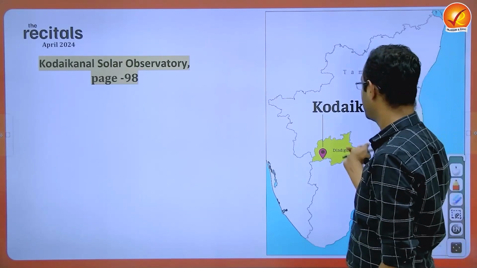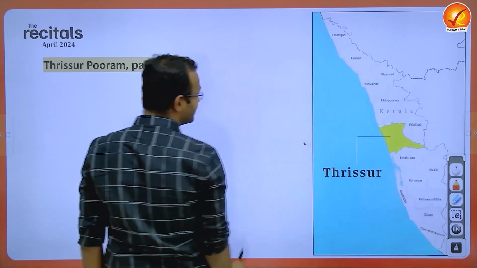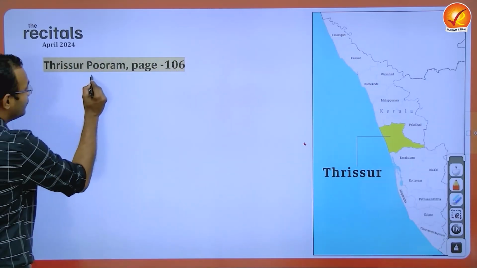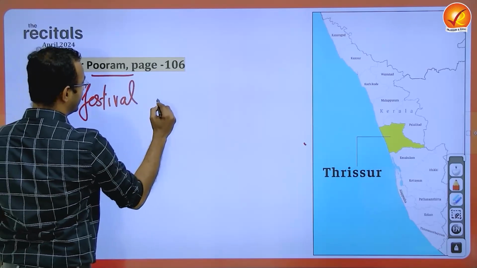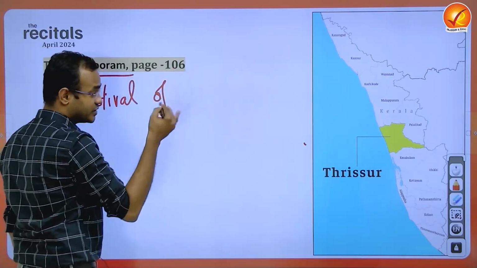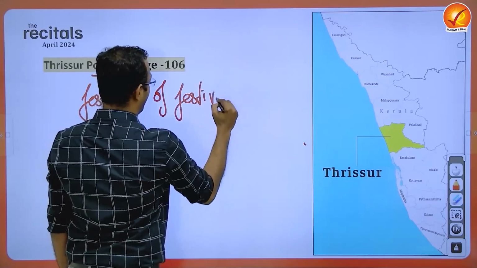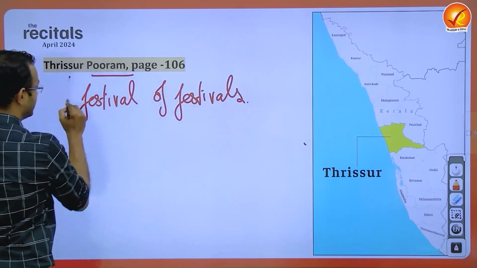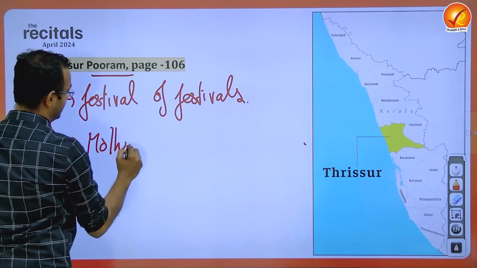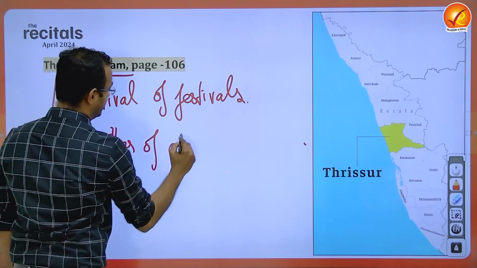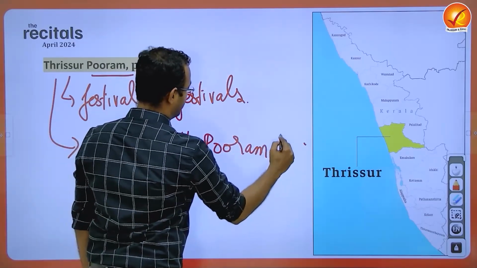Moving further. The next one, Thrissur Pooram festival, right. The Pooram is called the festival of festivals. There are many Poorams that take place, but Thrissur Pooram festival is considered to be the mother of all Poorams.